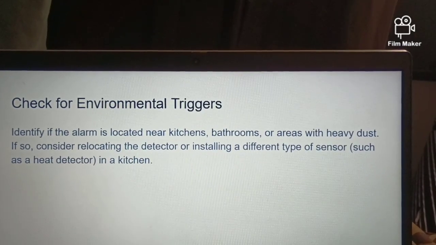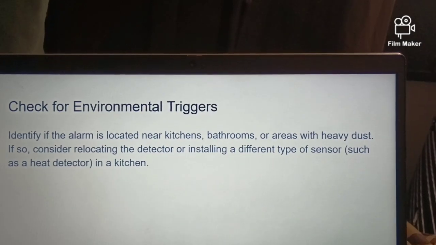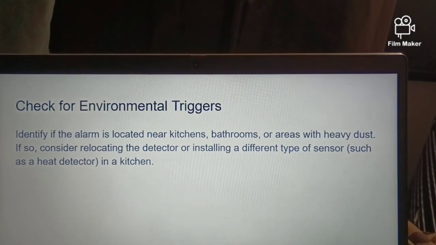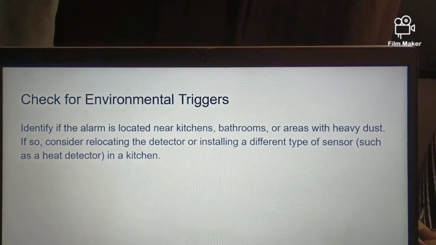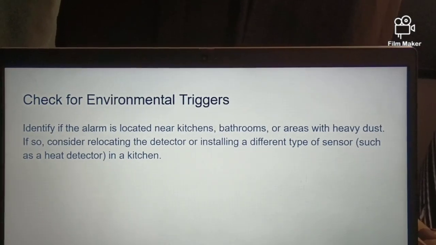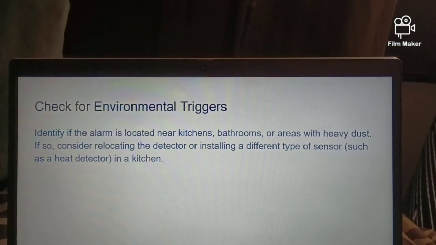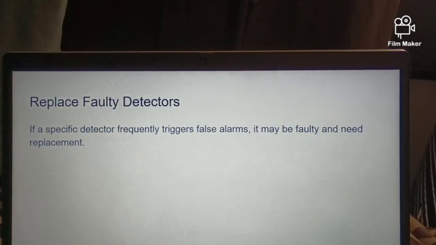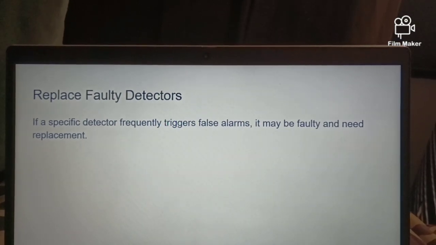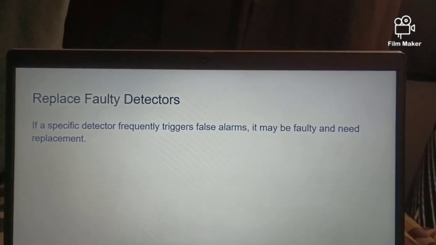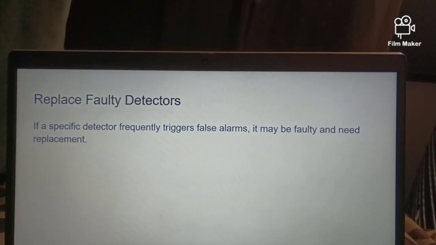Identify if the alarm is located near kitchens, bathrooms, or areas with heavy dust. If so, consider relocating the detector or installing a different type of sensor, such as a heat detector, in the kitchen. Replace faulty detectors. If a specific detector frequently triggers false alarms, it may be faulty and need replacement.